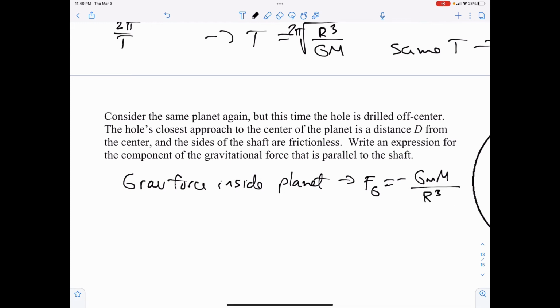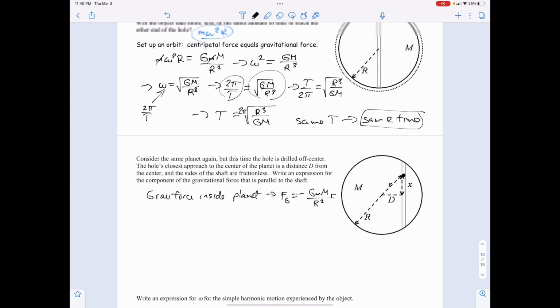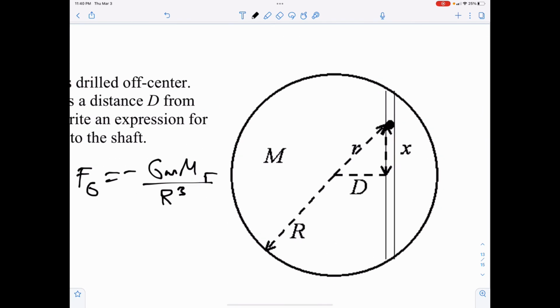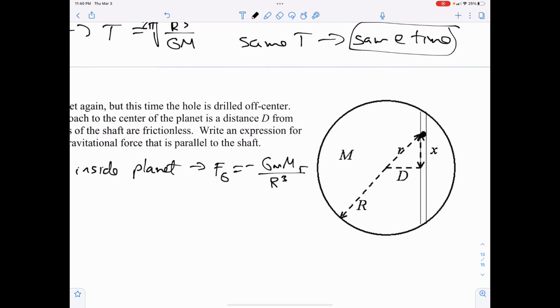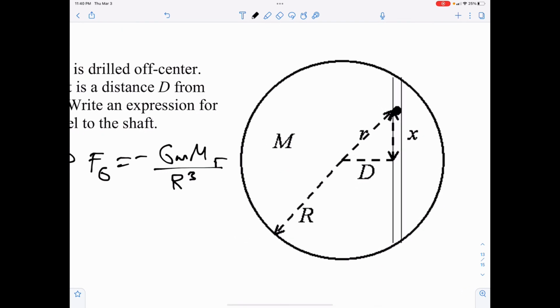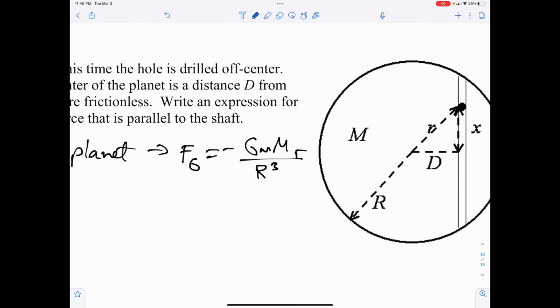Remember, we derived this earlier on in the problem. Now, what we're going to do in this case is multiply both sides of this equation by x over r.